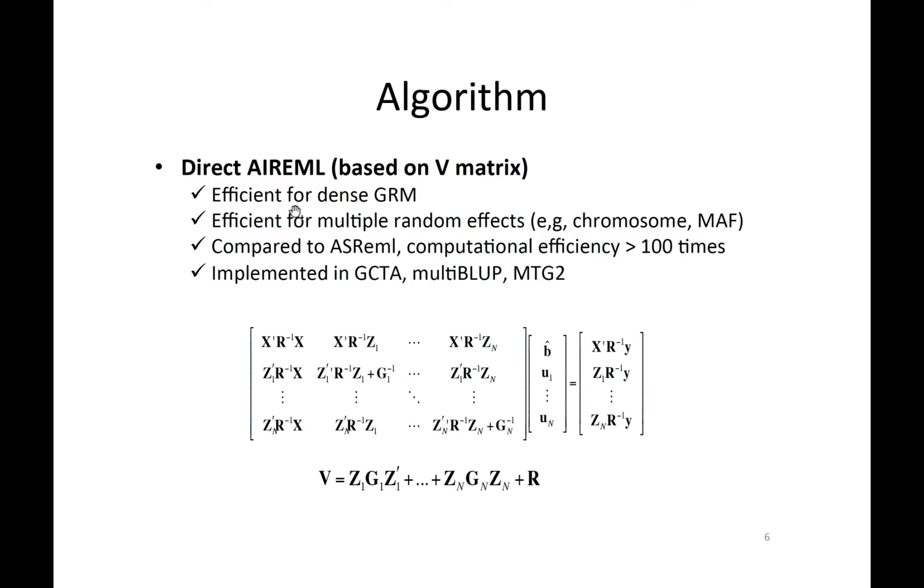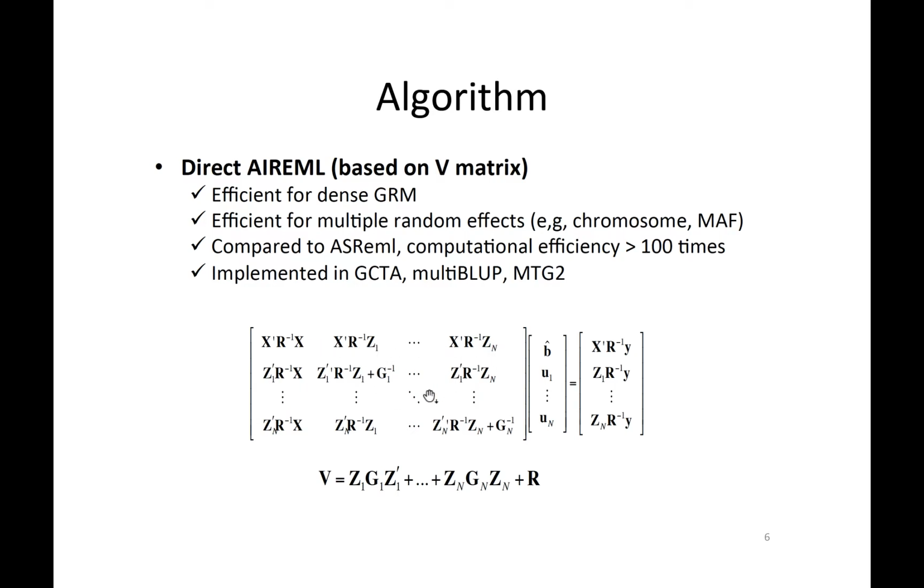For example, for the dense genomic relationship matrix, if there are no zero elements in the genetic covariance structure, or there are many multiple random effects, in that case, direct AI REML is much faster compared to AI REML based on the mixed model equation. That's because if random effects are added into the equation, then this dimension, as you can see, is increased, right?